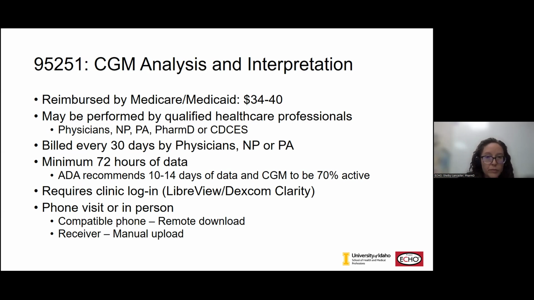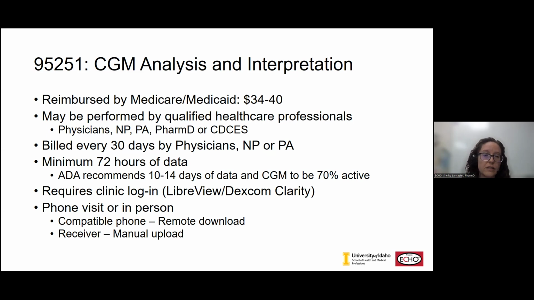It can be performed by a qualified healthcare professional as listed here and can be billed every 30 days by physicians, NPs, or PAs. And it requires a minimum of 72 hours worth of data, though the ADA does recommend 10 to 14 days. And to ensure that you are able to appropriately identify patterns, having 70% of the time that the CGM is active.